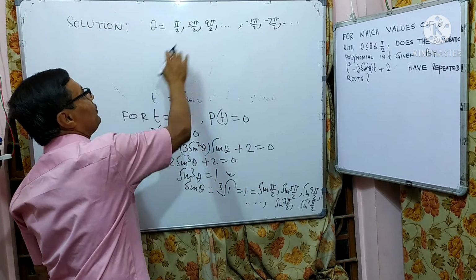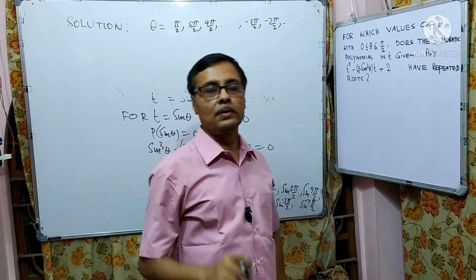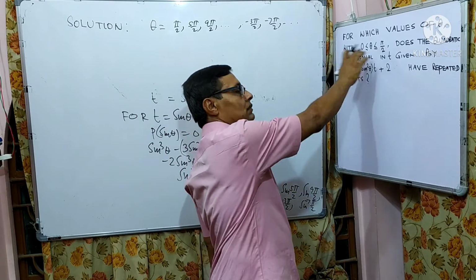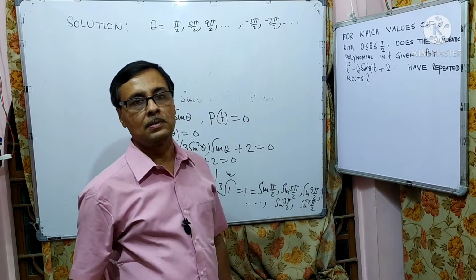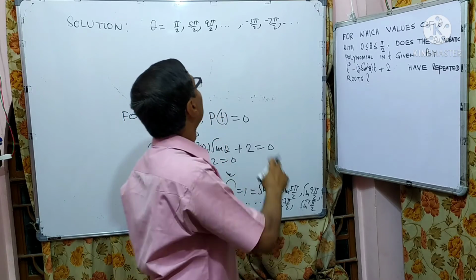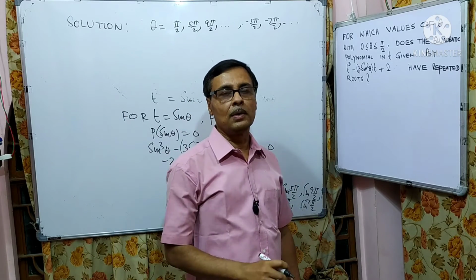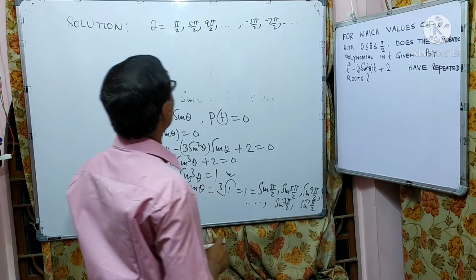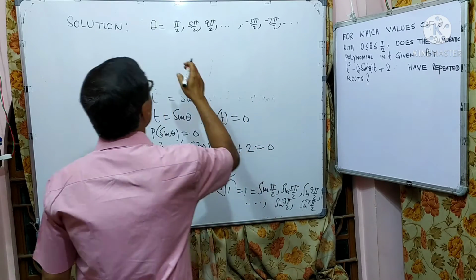But among these values, only theta equal to pi by 2 satisfies this inequality, that is 0 less equal to theta less equal to pi by 2. So theta equal to pi by 2 can be only accepted.